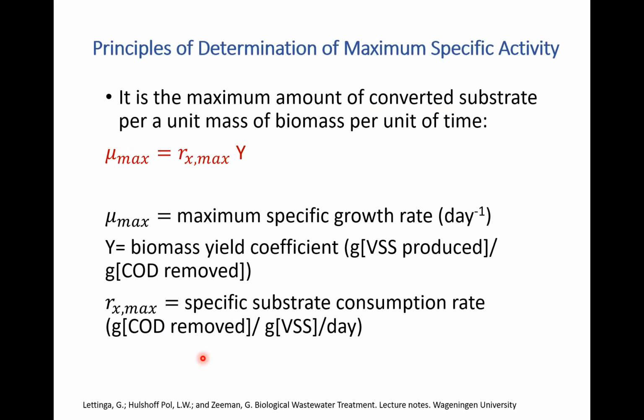So, the principle of determination of maximum specific activity. First, what is the maximum specific activity, which may be abbreviated as MSA? It's the maximum amount of converted substrate per unit mass of biomass per unit of time. In other words, it's the amount of biomethane that is produced per unit mass of biomass.